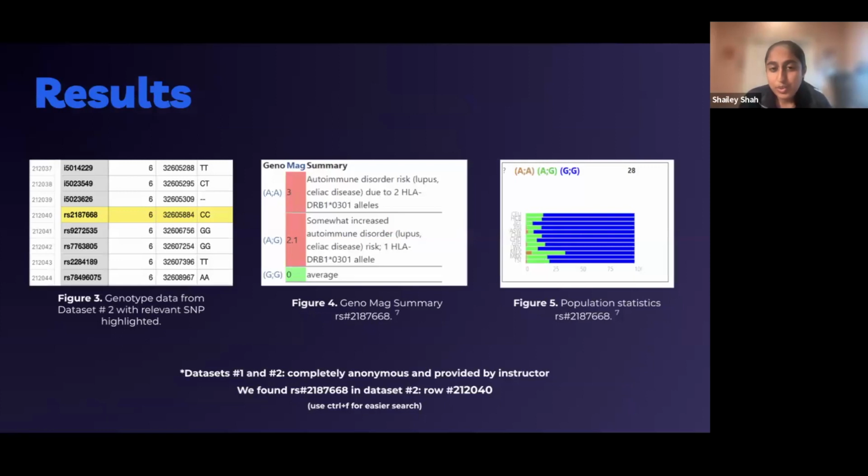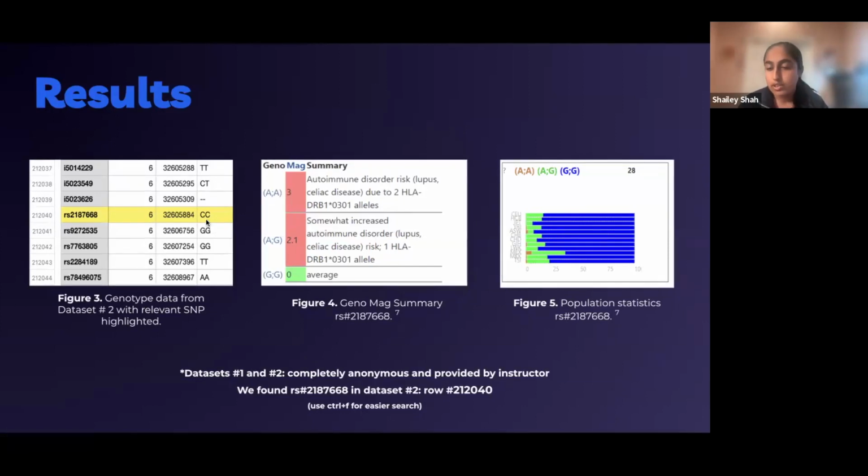All right, so going into the results of what we found. If you look at the table to the far left, this shows our SNP of interest, which we found in anonymous data set number 2, which was provided by our instructor. The SNP was found on chromosome 6, and it was one of over 600,000 different SNPs that were sequenced and analyzed. As you can see, this individual happens to be homozygous with a genotype of CC.